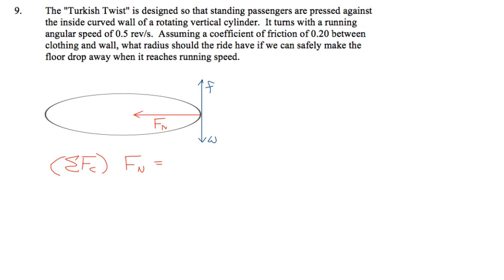And actually, in this particular problem, the unknown is the radius. So it says, assuming a coefficient of friction of 0.20, what radius should the ride have if we can safely make the floor drop away when it reaches its running speed? So that means that I am going to make the normal force equal to mr omega squared, because r is my unknown.